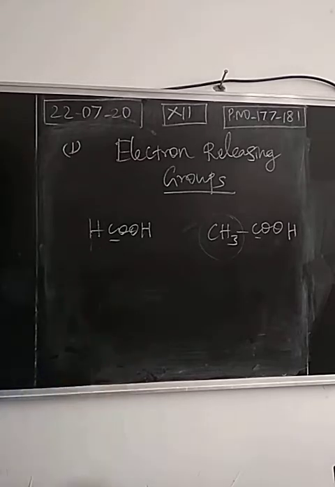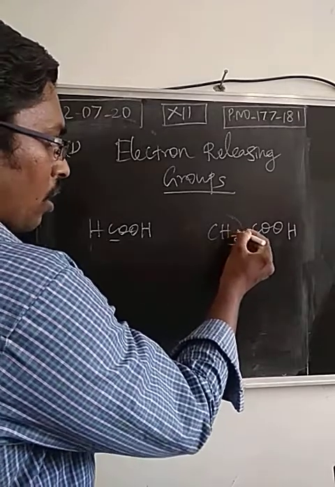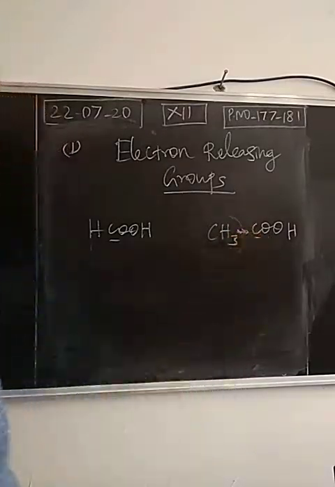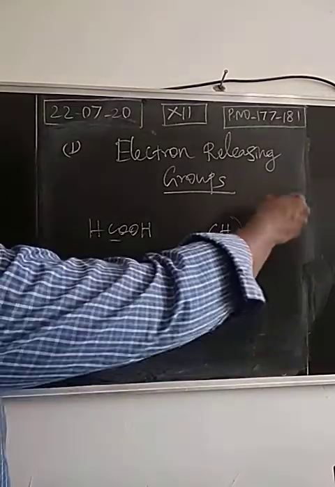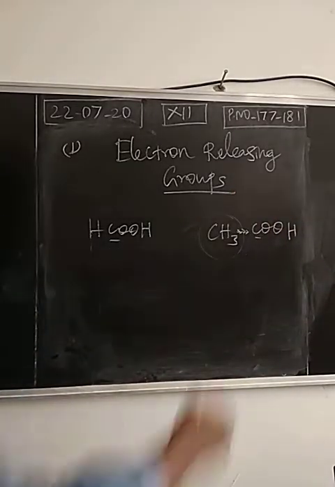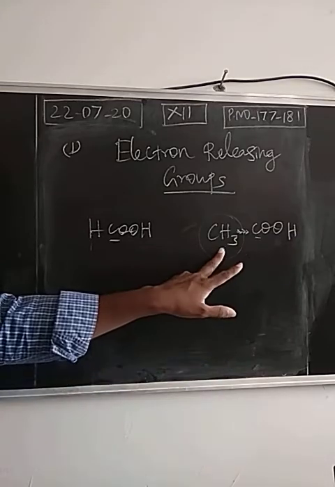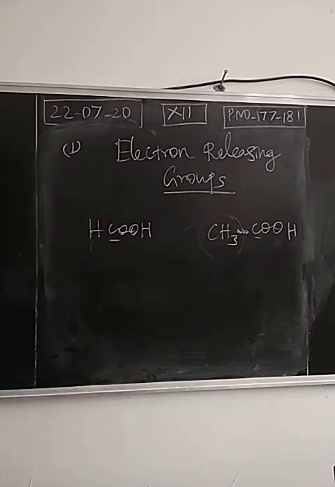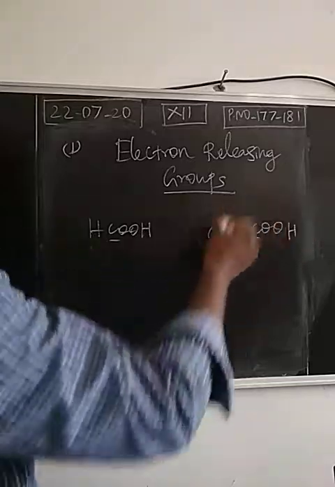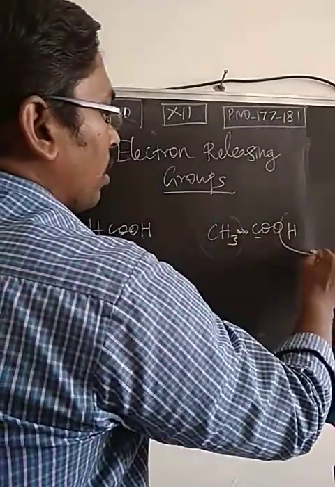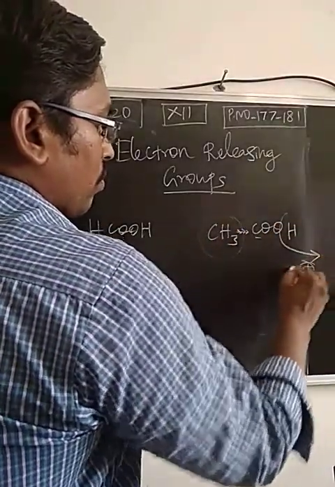So comparing with formic acid, here we have an electron releasing group, so the electrons are moving towards the carboxyl carbon. That means in the functional group, electron density will be increased because of this electron releasing group. When electron density increases, hydrogen cannot leave easily as H plus.